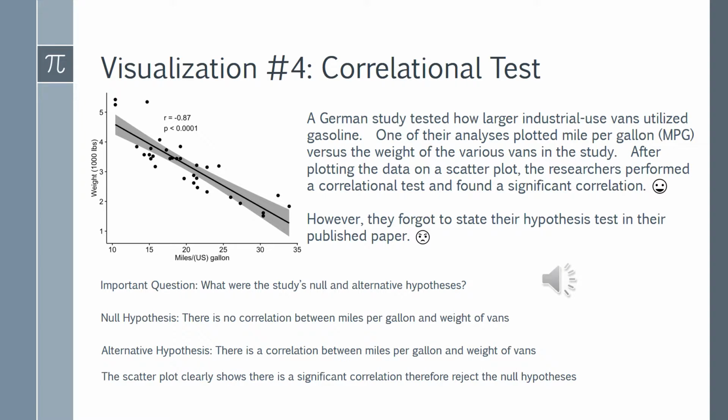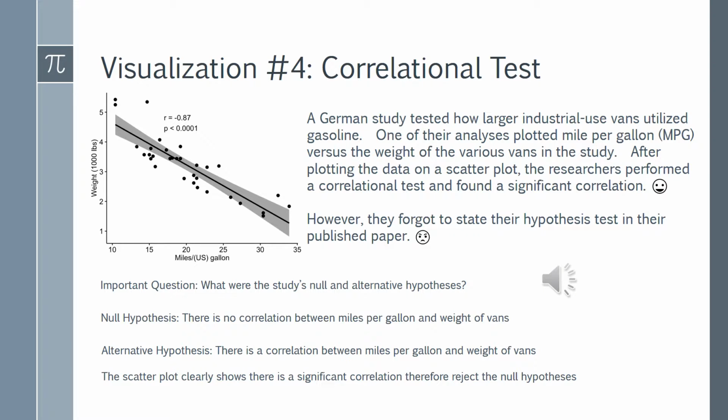In the fourth visualization test, there is a correlation test to be performed. It reads, a German study tested how large industrial use vans utilize gasoline. One of the analyses plotted miles per gallon versus the weight of the various vans in the study.